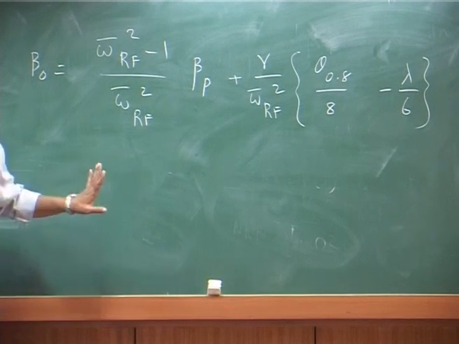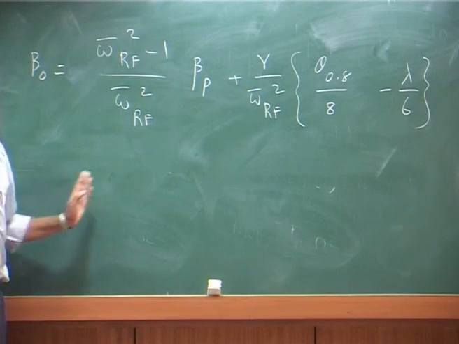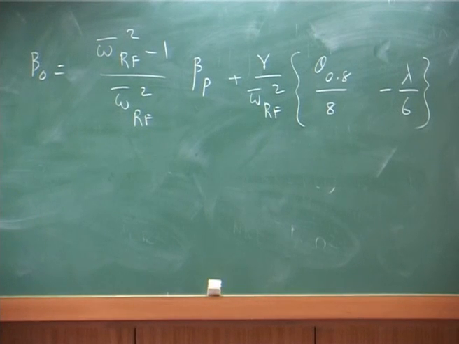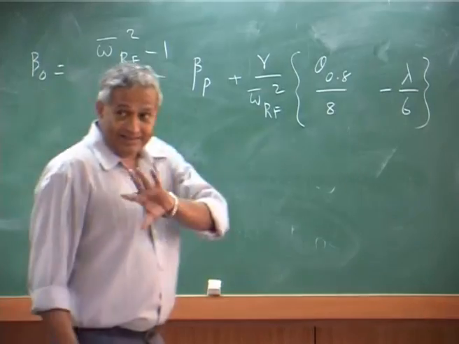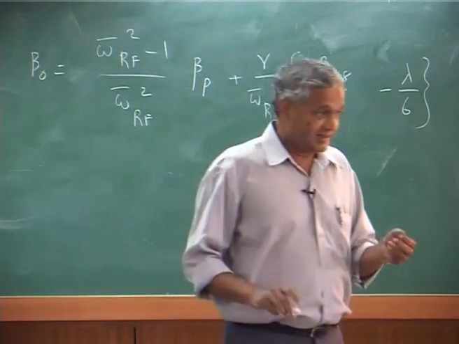If it is centrally hinged, assume that, if you know the rotating flap frequency, you know what is my k beta. So, you should be able to handle this kind of equivalence easily.